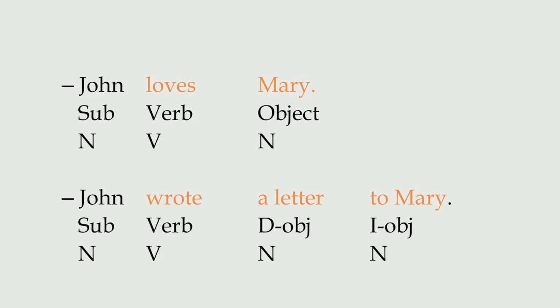So, we have three parts: subject, verb and object, where verb and object are part of the predicate and subject remains external to the predicate and remains a separate element. So, the notion of subject and object, subject and predicate are part of grammatical relations.